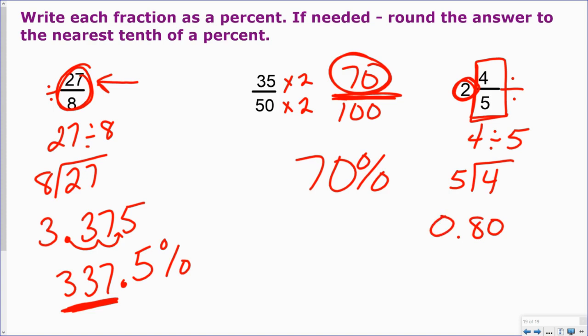And so again, I have my 2 here. So that 2 is going to take the place of this 0. So it'd be 2.80. Move my decimal once, twice, and that gives me 280%. And again, I know that this is larger than 100% because I have my 2 up here.